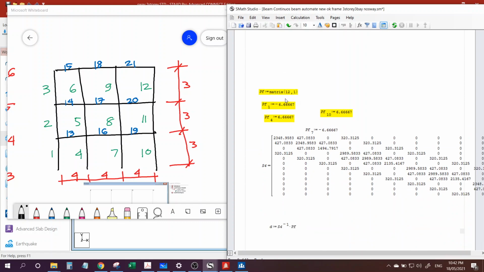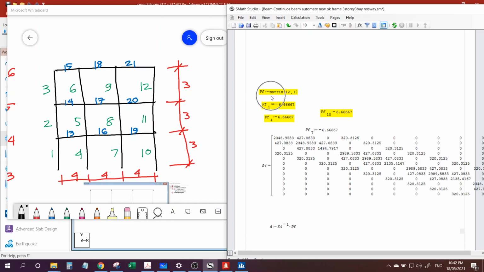Now this one, remember, you need to set a null matrix of an S matrix. Here, since the unknown displacements are quite large, it's a 12 by 1 matrix.